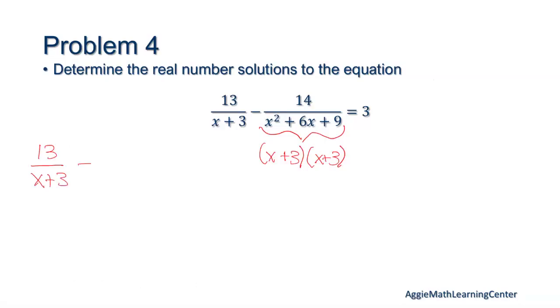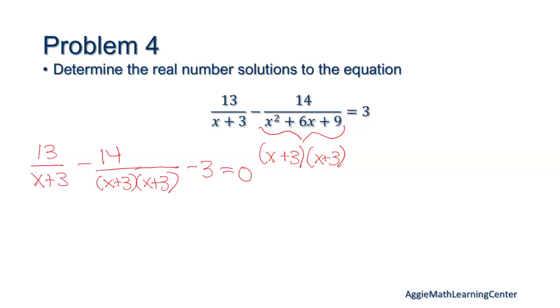Because this is similar to one we had on the last CBE, right? Where you multiply by what it's missing. So we need to find a common denominator, right? You got to multiply by what it's missing. So what ones do we need to multiply?